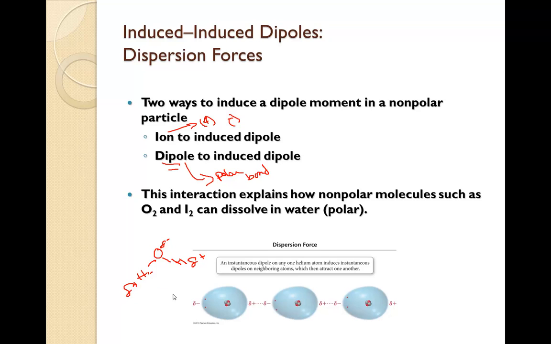If we have an oxygen molecule, if we force this into the water, eventually it's going to get to the point where this becomes partially negative as it gets attracted to this positive, and the electrons are going to be pulling towards it, making this one partially positive, and so on and so forth. It gets attracted from one molecule to another.